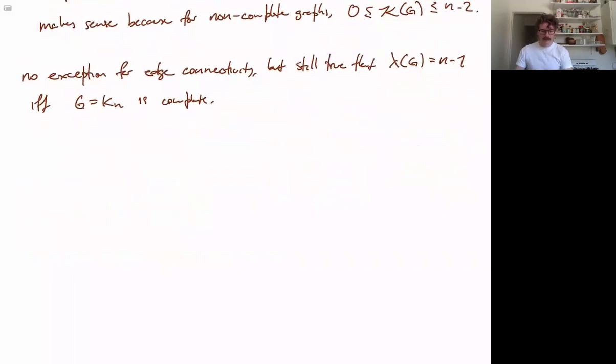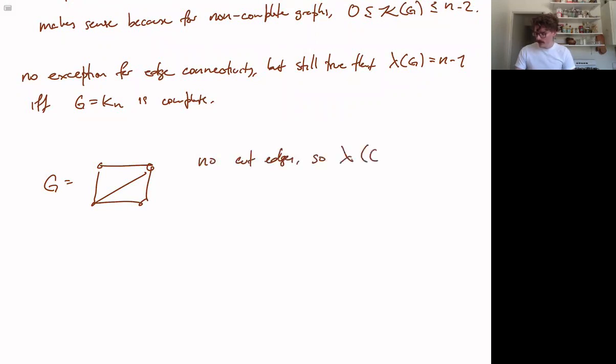So let's see some examples of edge connectivity. Let's take our good old example. We saw that this has no cut edges, so the edge connectivity is greater than 1.